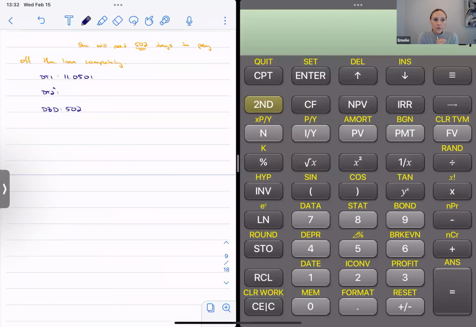Date 1. So I need my days between dates calculator, of course. Second date function. Date 1 is 11/05/01. Enter. Make sure it's 2001, just so it doesn't do anything weird. And then I'm going to skip date 2. So I'm going to scroll through and fix the days between dates to be 502.